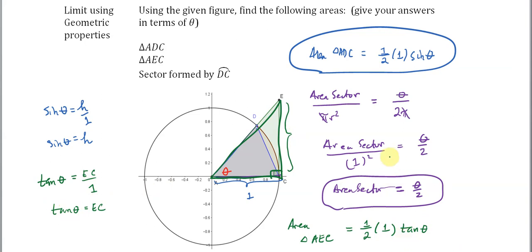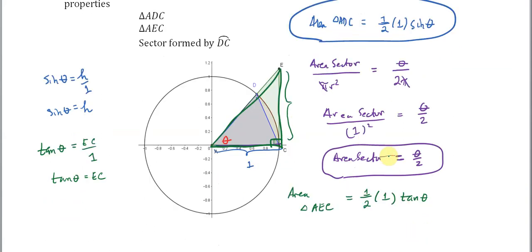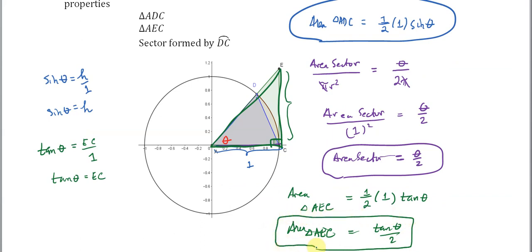So the area of triangle AEC is equal to the tangent of theta over 2. Okay, 1/2 tangent of theta, or we can say tangent of theta over 2. Okay. And there you have it.